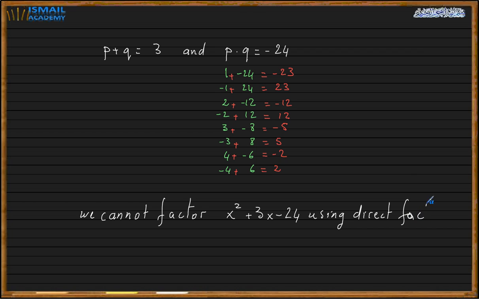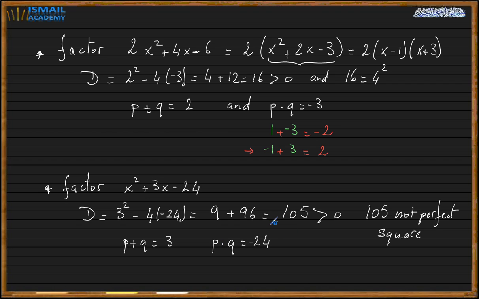But keep in mind that we can factor using other methods, but we cannot use direct factoring to factor that type of quadratic expression. As you see here, this is an example that if the discriminant is not a perfect square, we cannot factor using direct factoring.